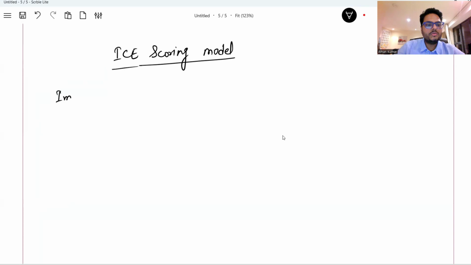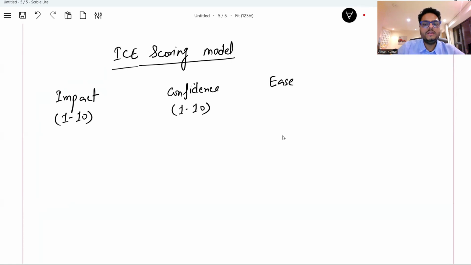So in ICE, what we do is we create 3 columns. One is called impact. You score impact from 1 to 10. Another is called confidence. So I is impact, C is confidence. Confidence also 1 to 10, you give the score. Ease, also 1 to 10, you give the score.